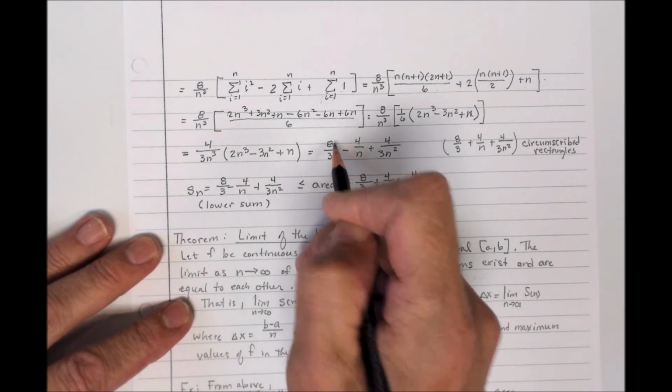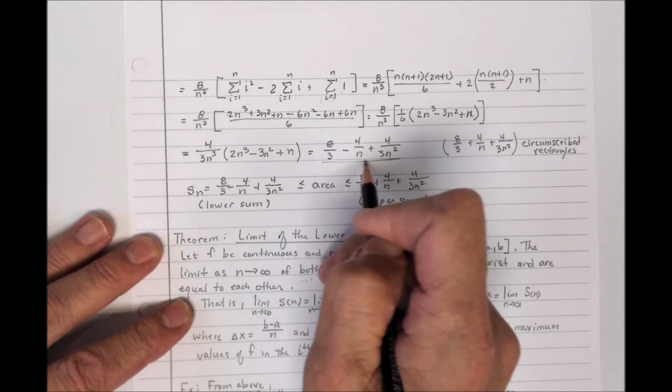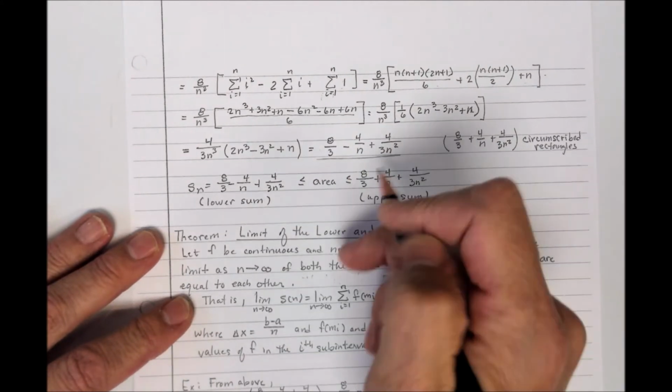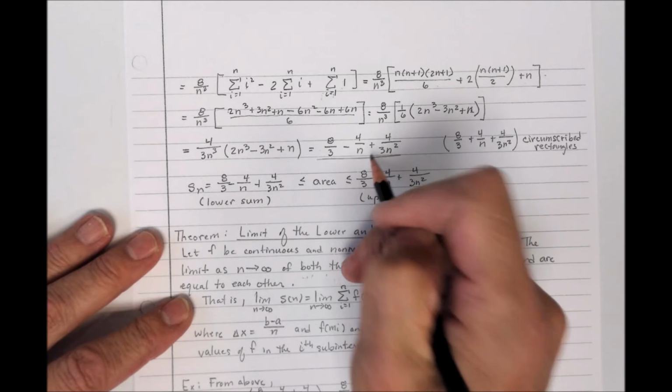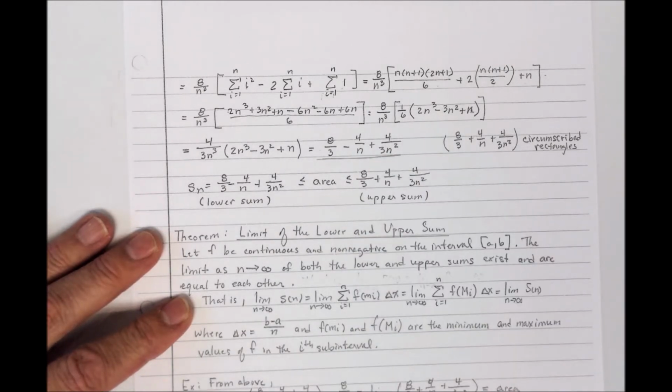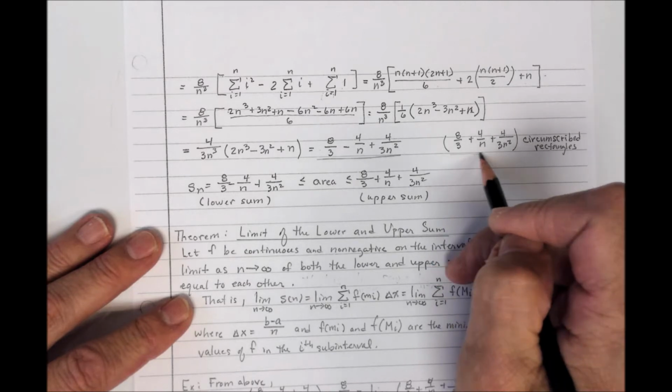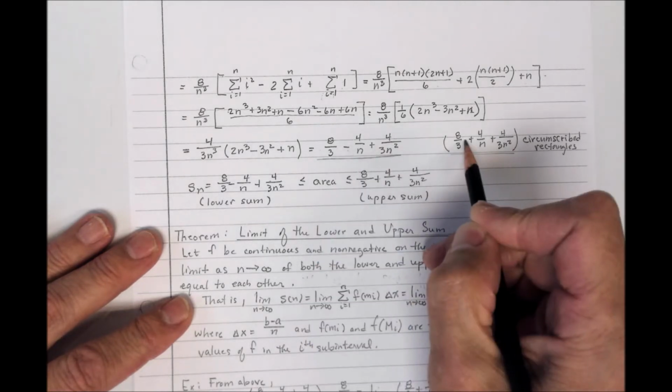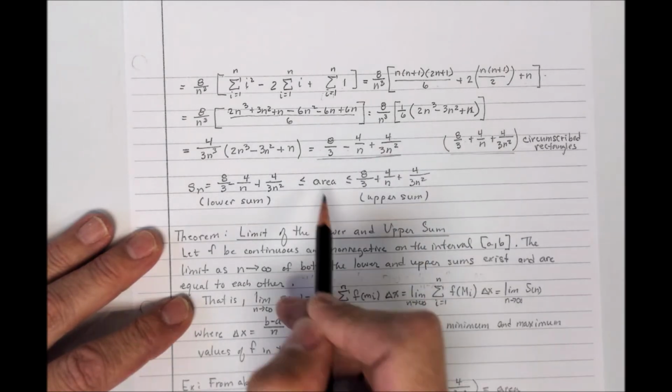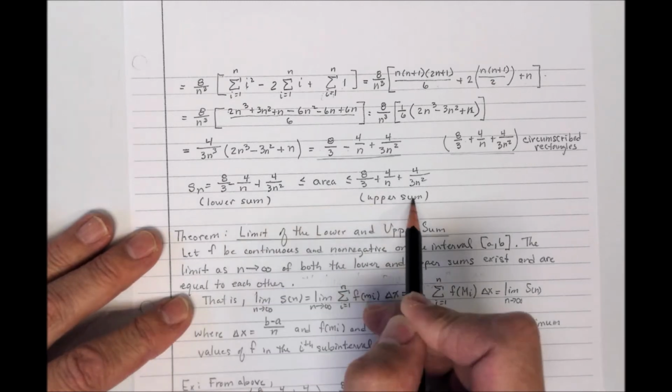That's an 8, by the way, right there. And that would be the sum of all the inscribed rectangles. If I change it slightly and find the upper sum, it turns out it's the same exact thing, except where this was a minus, this is a plus. And I'm telling you that the area is between the lower sum and the upper sum.